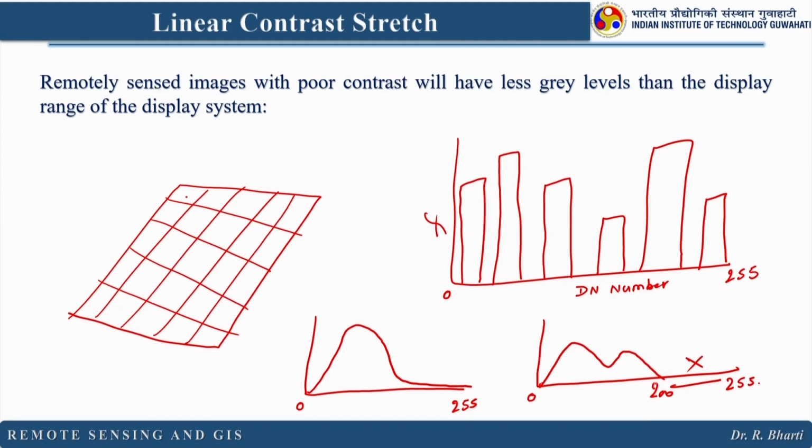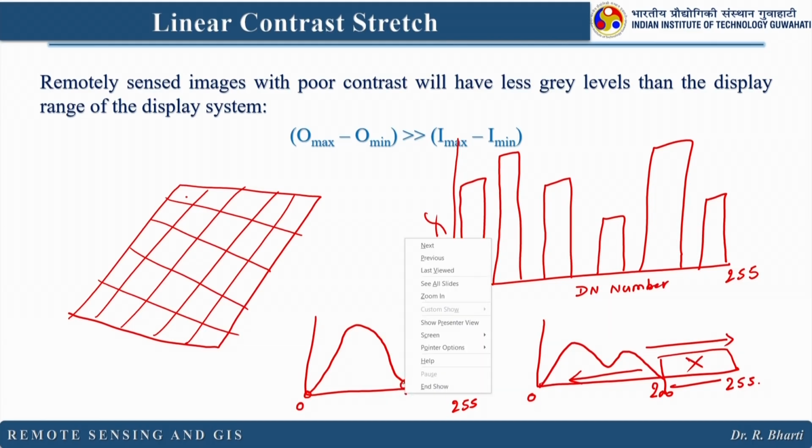So when you are not occupying this particular range, depending upon the values, your image may be lighter or darker. That is the reason you need to perform a linear stretching. You are going to take this particular value and this particular value and stretch the whole histogram, so it will appear like this.